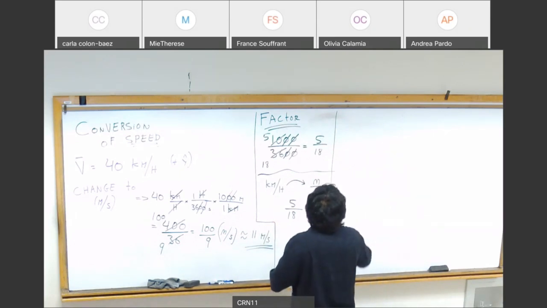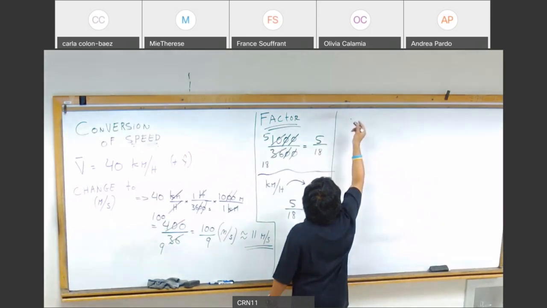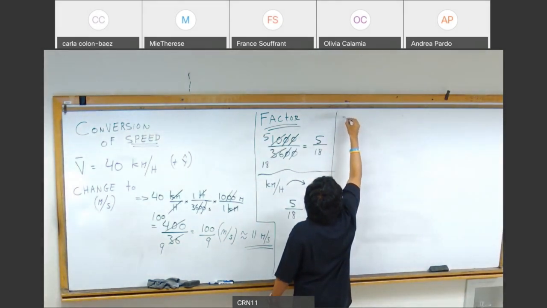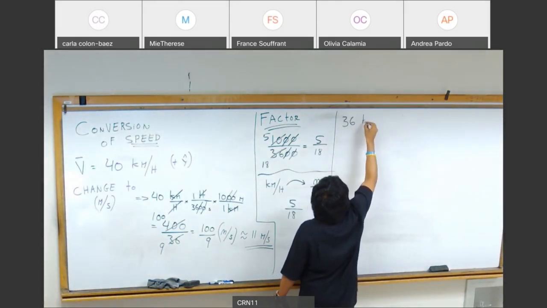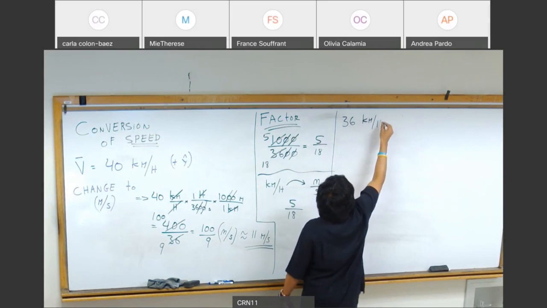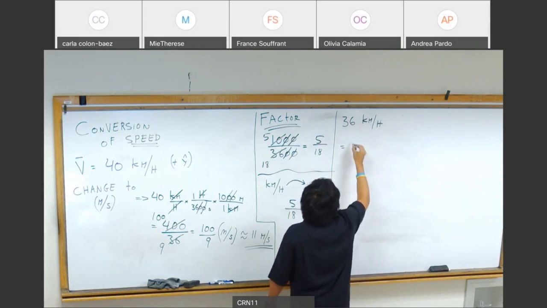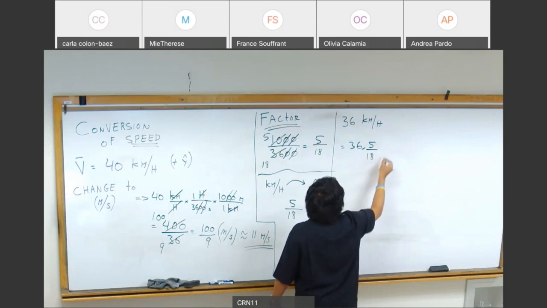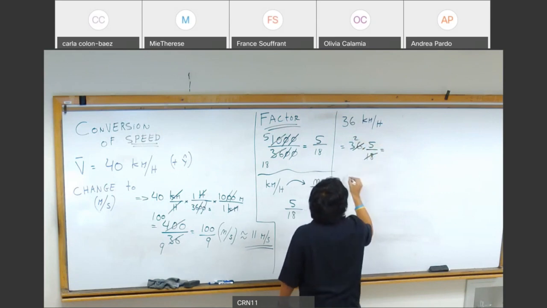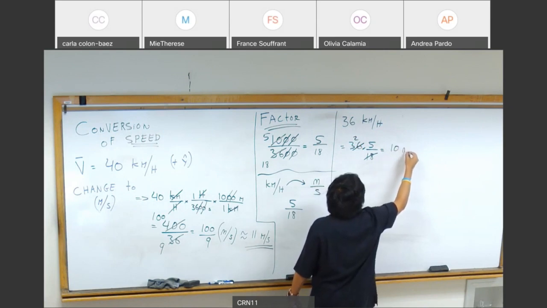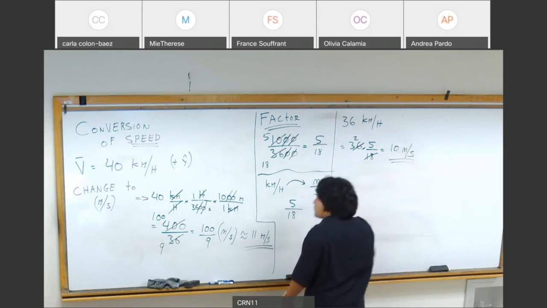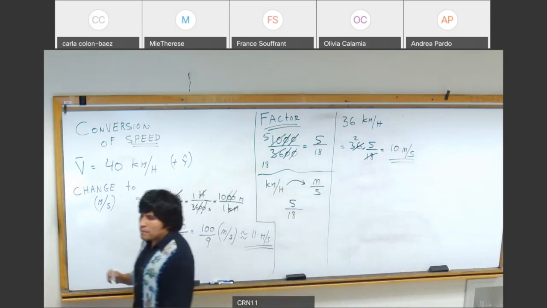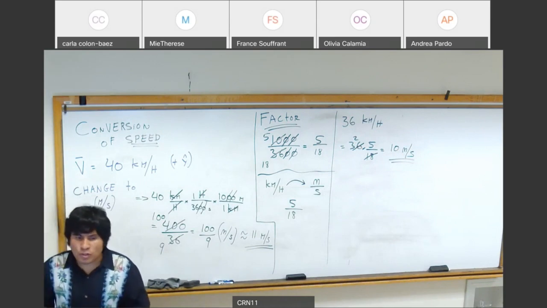If you have 36 kilometers per hour, then this is equal to 36 times 5 over 18. 36 over 18, that's 2. 2 times 5, that's 10 meters per second. All right? That's how you go from one to the other.